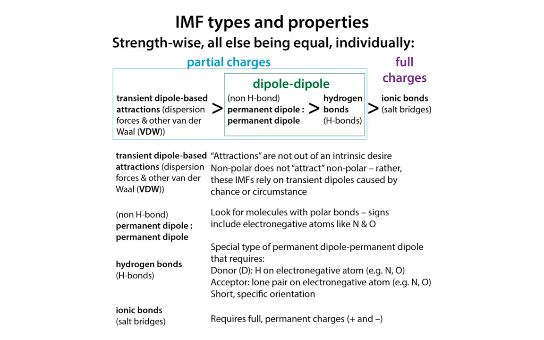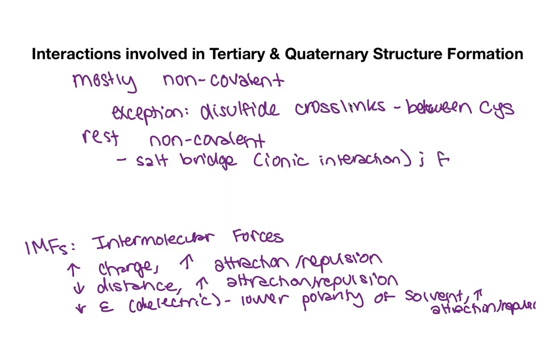And so when we talked about the different types of IMFs that we could have, basically we said that our strongest one was going to be our salt bridge. Remember, that's just another term for an ionic interaction. So that's where we have full plus and minus charges.